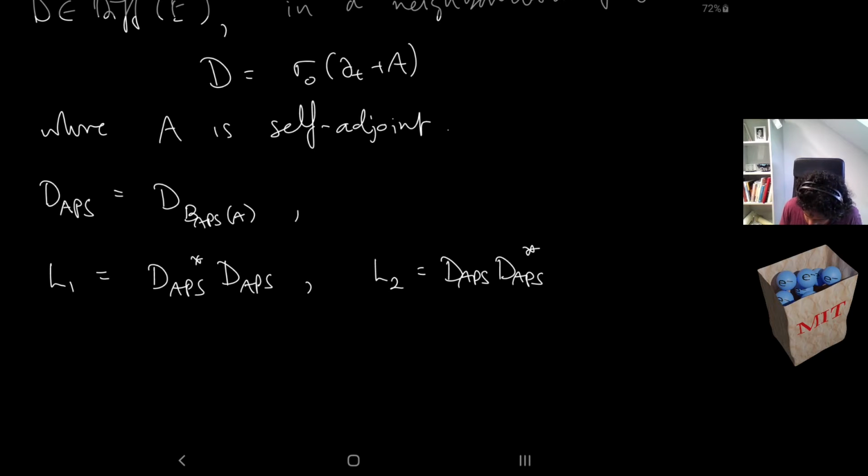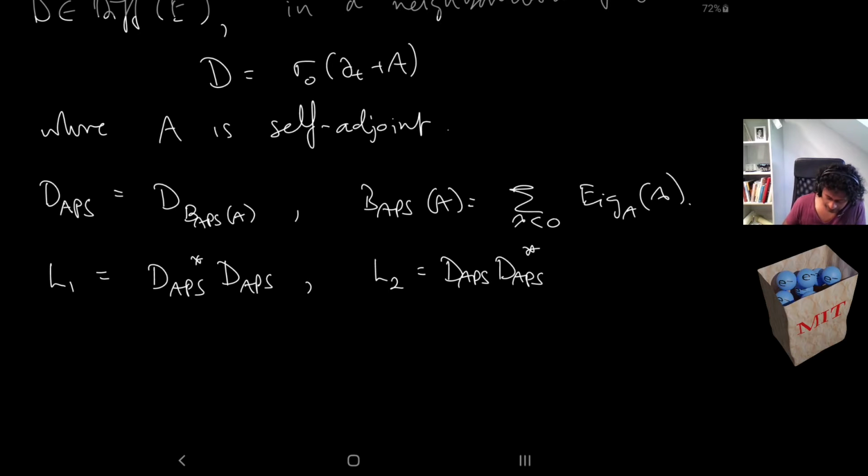I should maybe write here that B APS of A is just the sum of the negative eigenspaces of A.